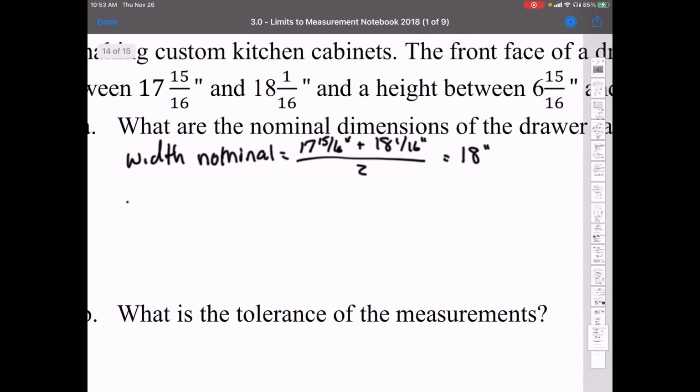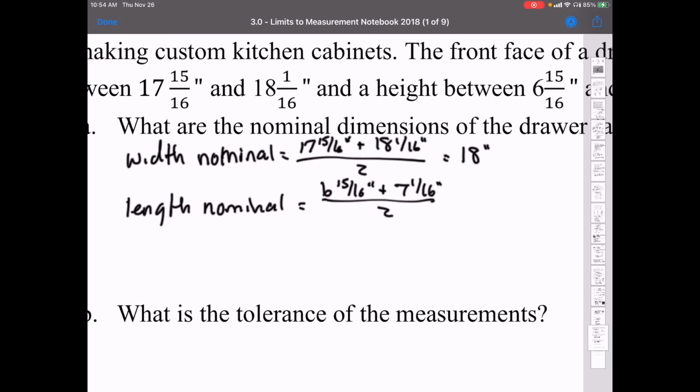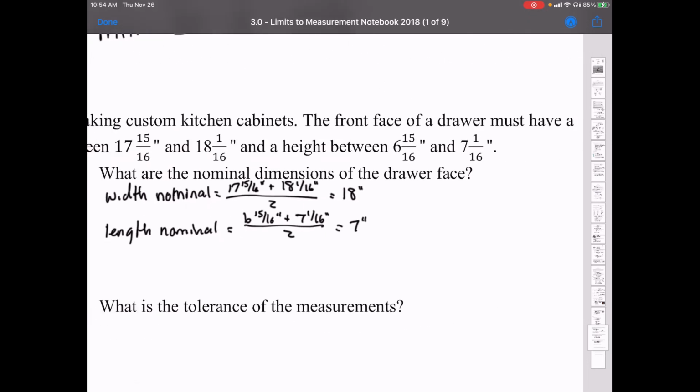And then we can do the same thing for the length. Length nominal is 6 and 15/16 of an inch plus 7 and 1/16 of an inch divided by 2, which, same thing, would be 14 as a total to give you a nominal value of 7 inches.